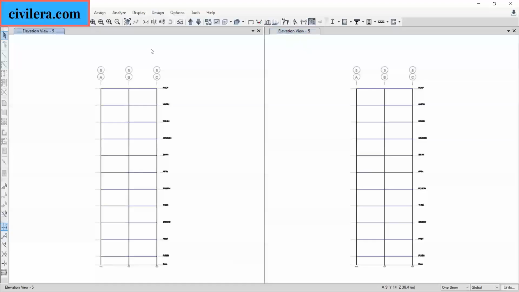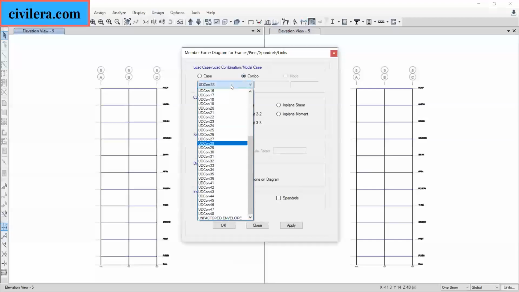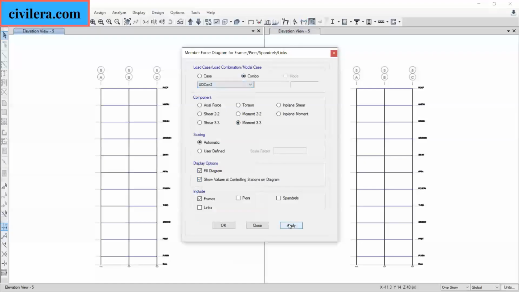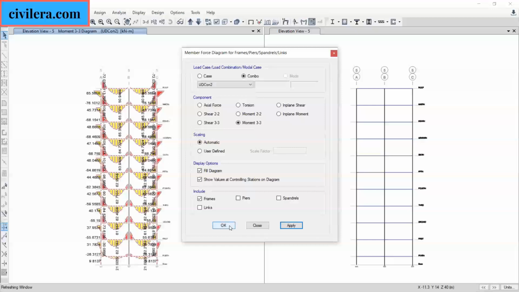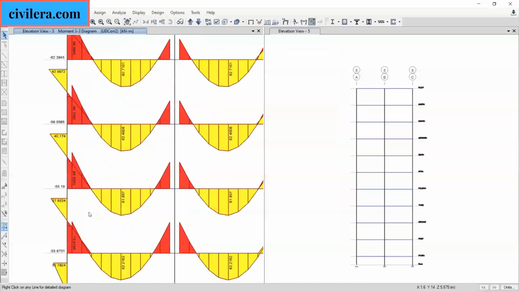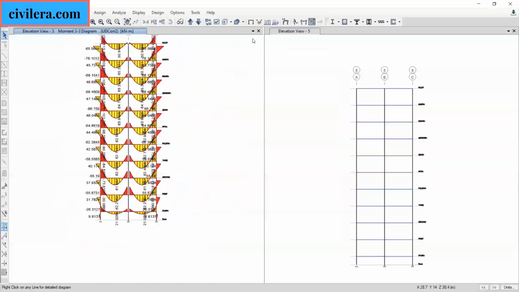And here also I have elevation number 5. So here in this window on the left, I'm going to take the bending moment diagram for factored dead load, live load. So for clarity, I will maybe switch off the columns.